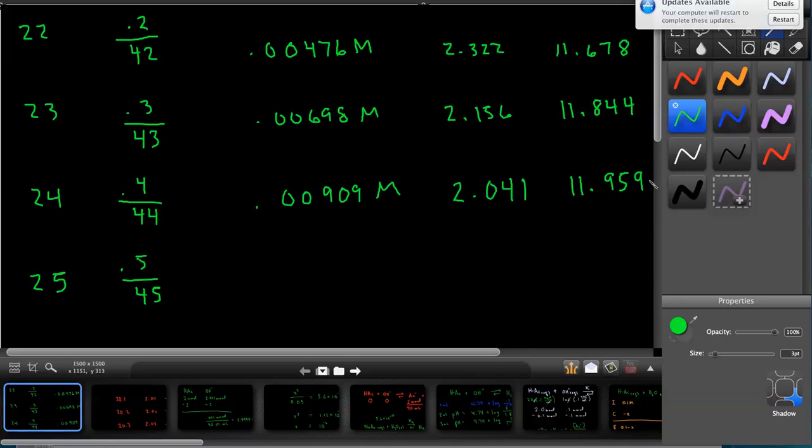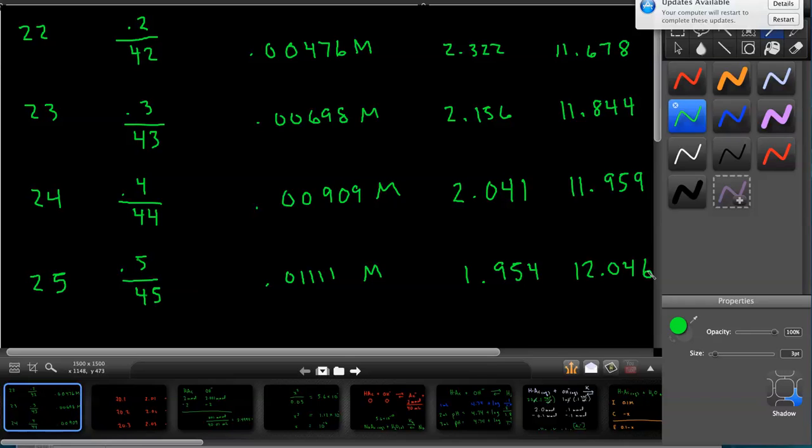And finally, 0.01111 molar. pOH of 1.954 and a pH of 12.046.